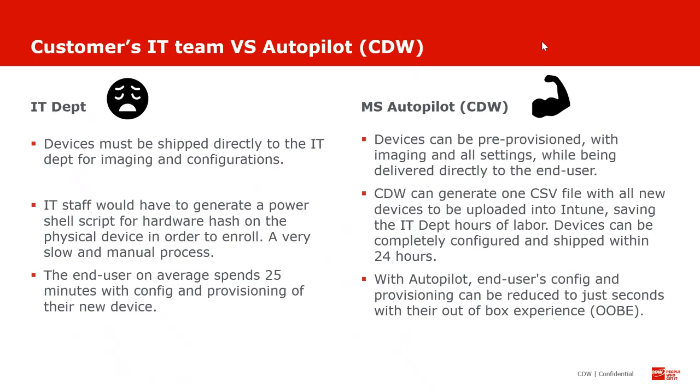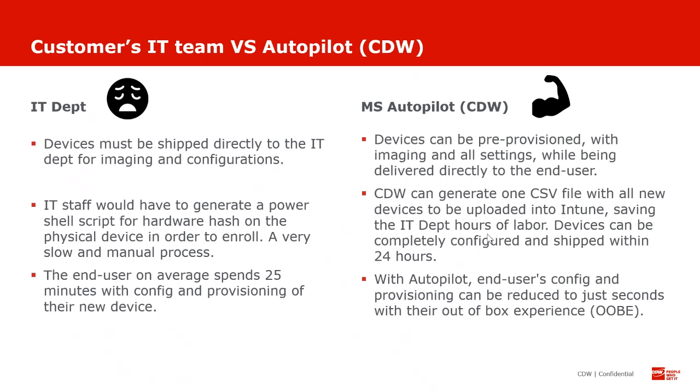These are some of the pros and cons between the IT department doing it and the experience through CDW as far as Autopilot. There are device issues, having to ship it directly to you so you can image it, where we can pre-provision and send it out directly to your end users. Having to run that PowerShell script on every physical device in order to enroll is a headache.